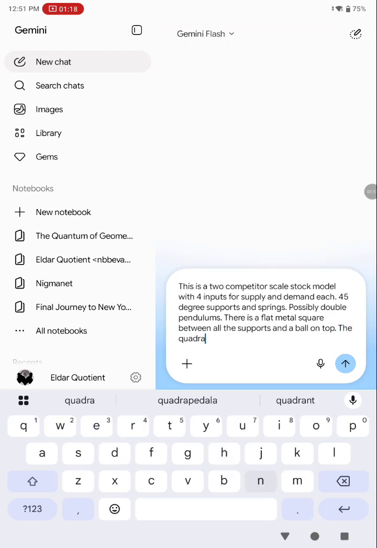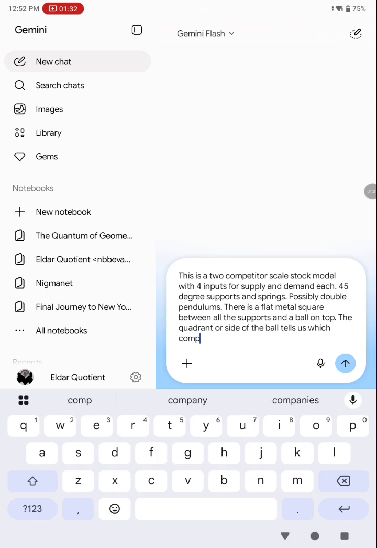The quadrant or side of the ball tells us which competitor is winning at any time.